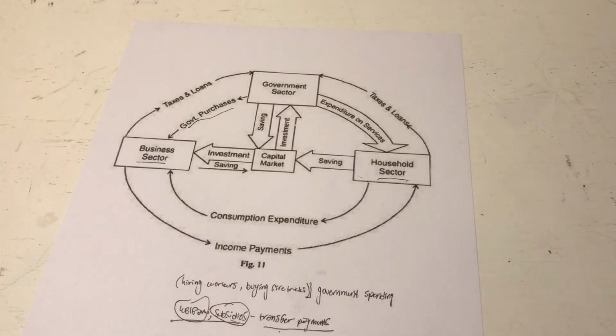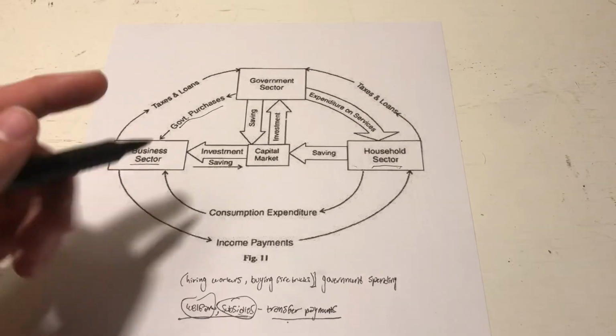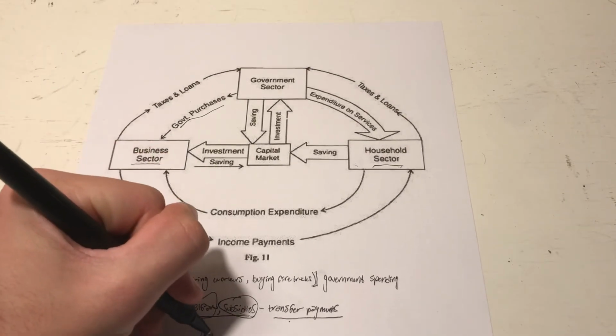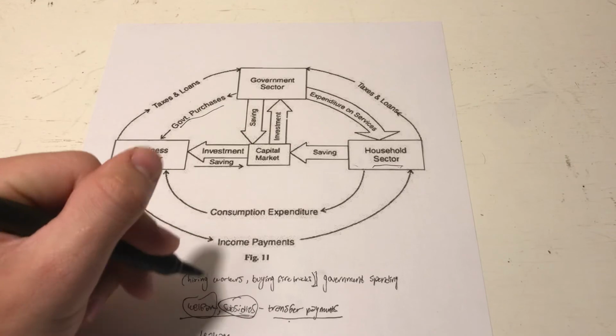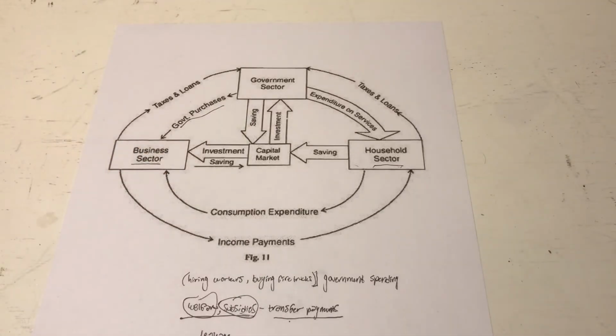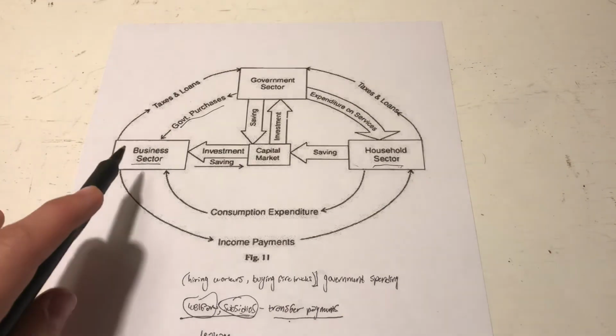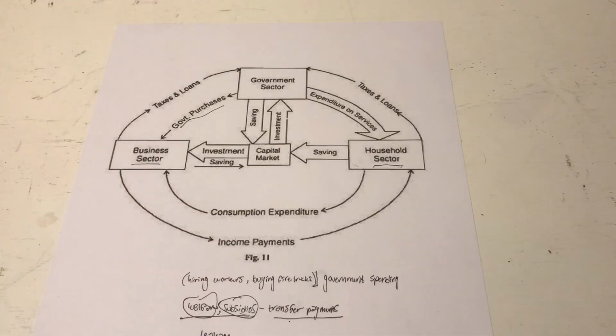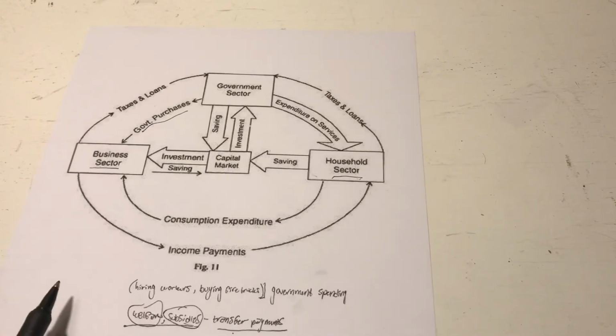And the government is also a cause of leakage. What leakage is, it's taking money out of both markets, both the business sector and the household sector, by taxing. And these are the income and sales tax, and this is how the government affords their goods and services, as well as how to pay welfare, everything like that.